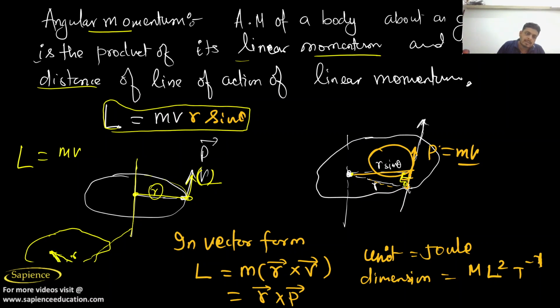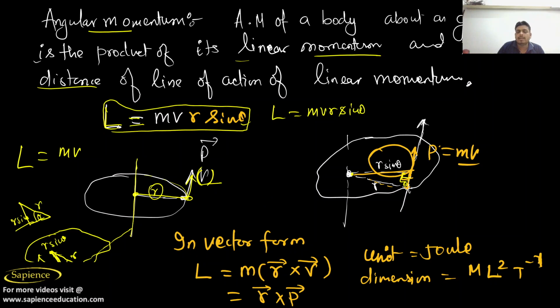If the angle is theta and this is r, we get r sine theta. So this is the perpendicular distance, and L can be written as mvr sine theta.